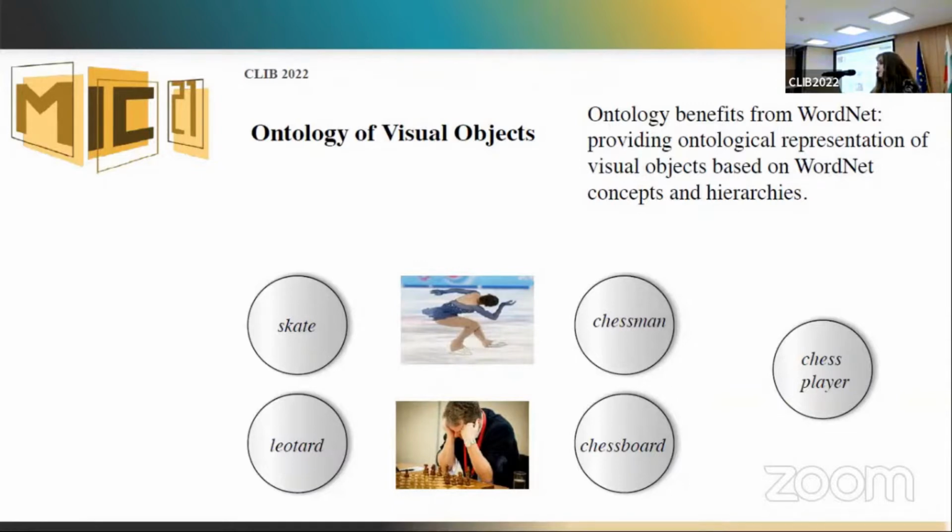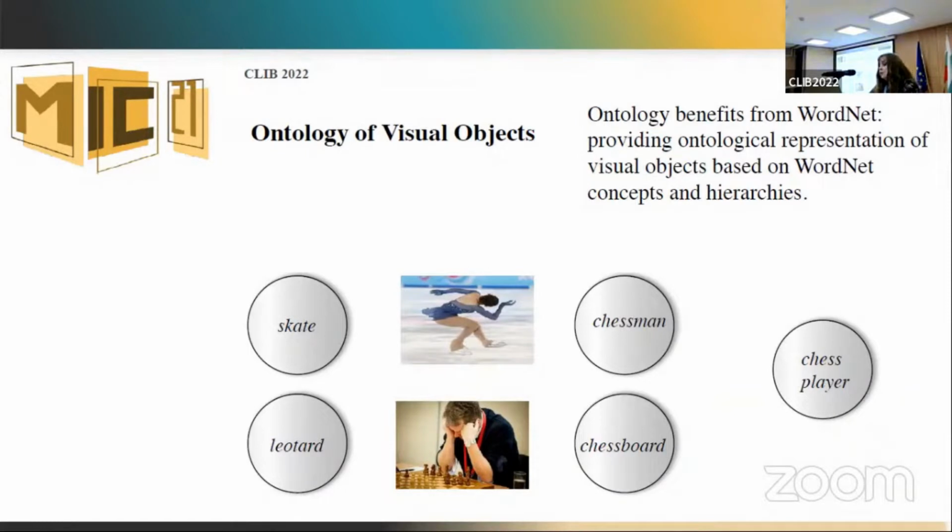WordNet can also be viewed as an ontology if we consider only the is-a relation, and if we are ready to discard some discrepancies which are still encountered in WordNet.